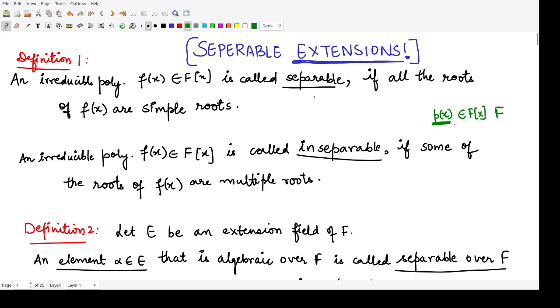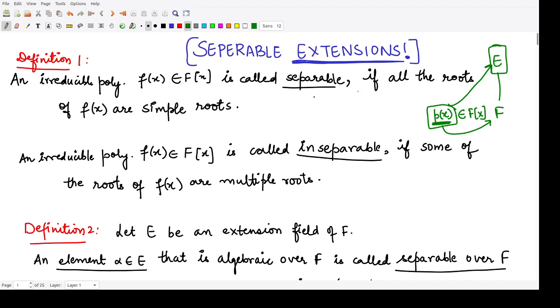You were not able to find the roots for this polynomial f. In that case, we say that there exists some extension field where the roots for this polynomial occur. So the extension field is always linked with this kind of irreducible polynomial.